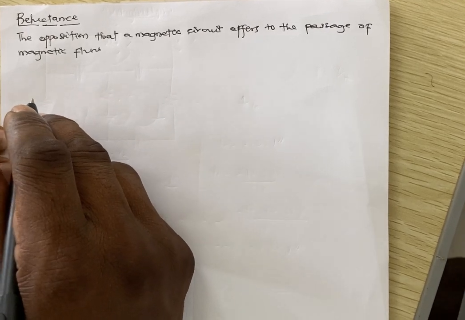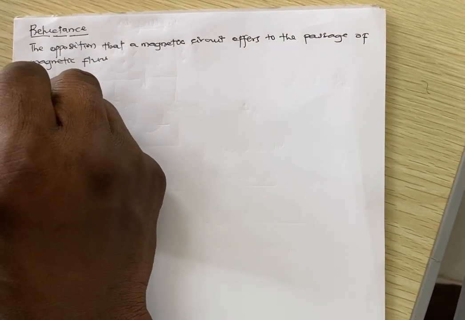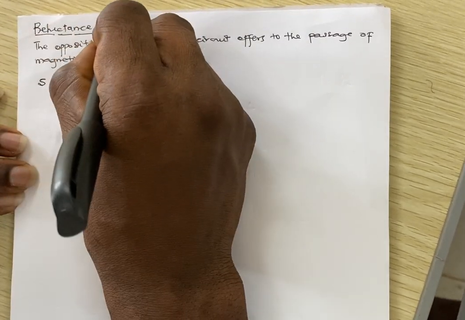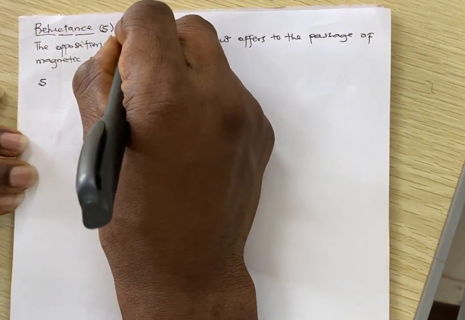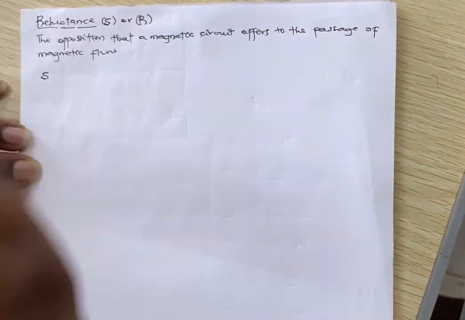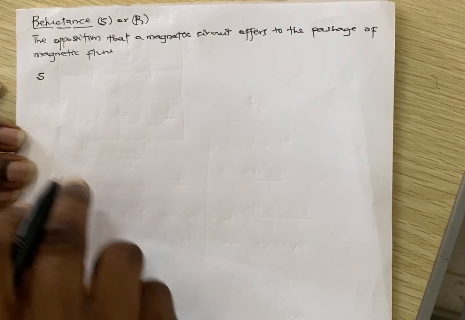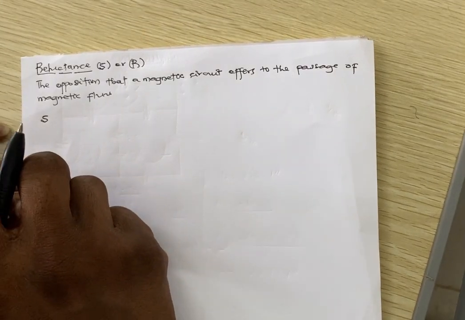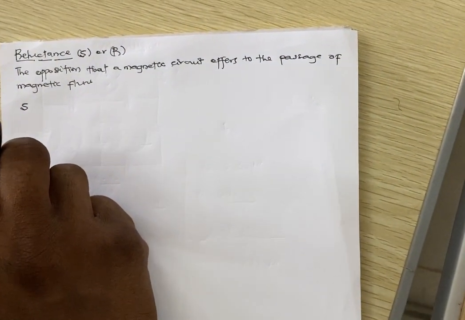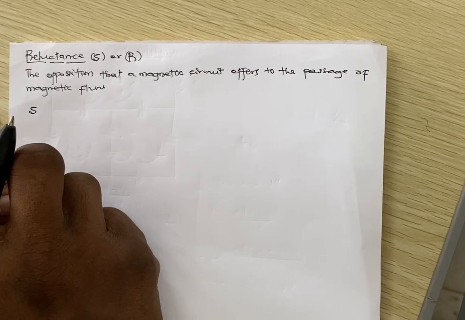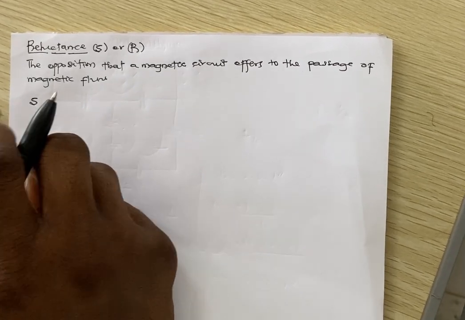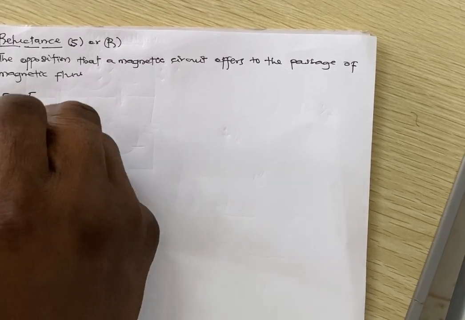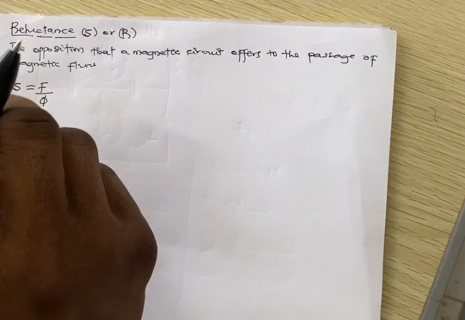Now reluctance can be denoted by S, or in some other theories they also use R to denote reluctance. We would be using S to denote reluctance here, and this reluctance can also be said to be the ratio of the MMF applied to the flux induced. Thus the ratio of the MMF applied, the force, to the flux induced, right?